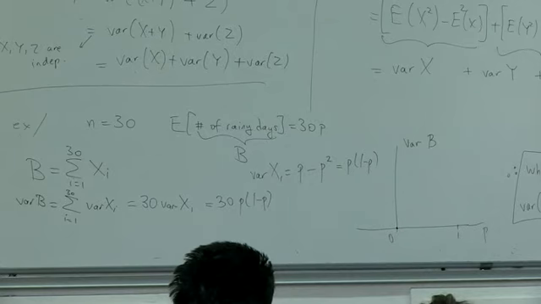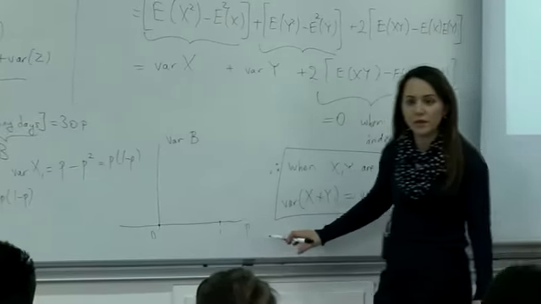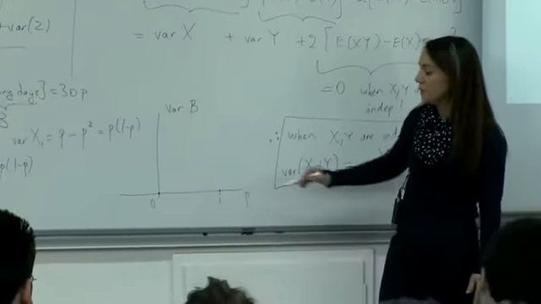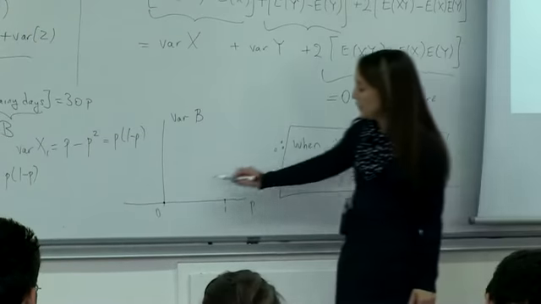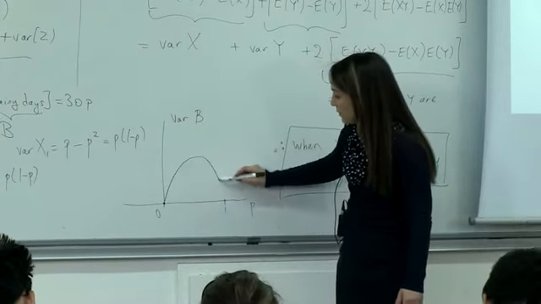It again has 0 variance. It doesn't vary at all. It's a constant. So the variance makes its 2 zeros at the 2 extremes where p is 0 and 1. In between, it behaves like an upside down parabola.